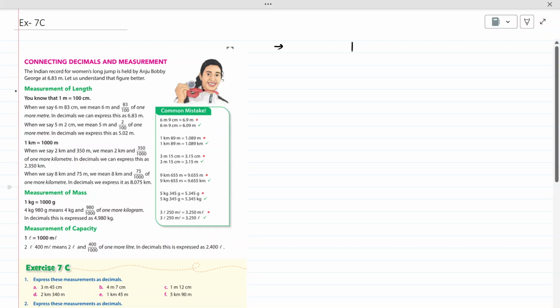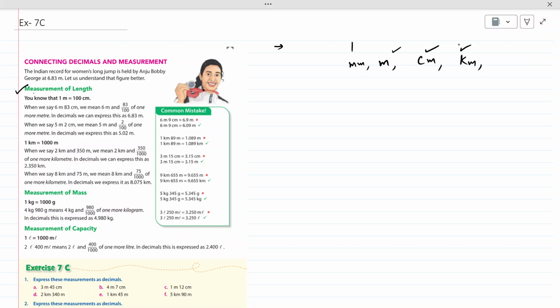So first we are understanding the measurement of length. If we have to measure the length, then what unit can we use? We have different units to measure the length, and they are meters, centimeters, kilometers, and also we have millimeters. We have many units. Okay, but for now we are considering meters, centimeters and kilometers.